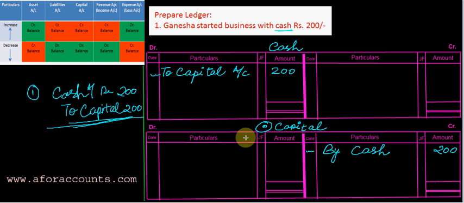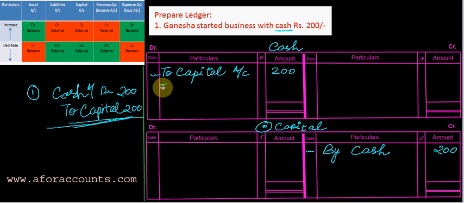See, I'll again recap. A small thing which you have to follow and your full ledger chapter is done here and now itself. Cash account debit to capital is my journal entry. So in cash account, on the debit side, I will write to capital.